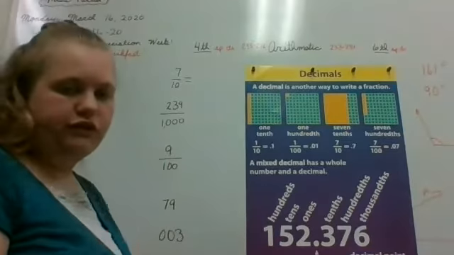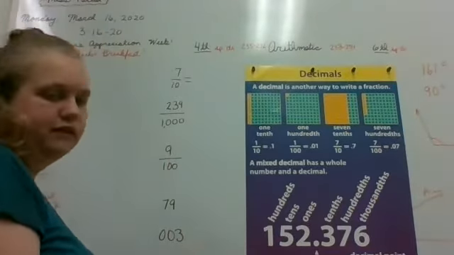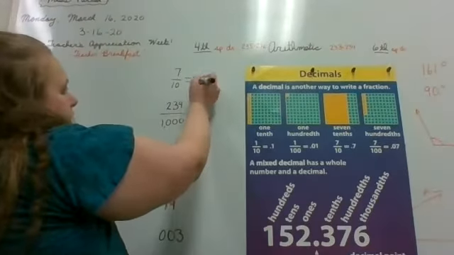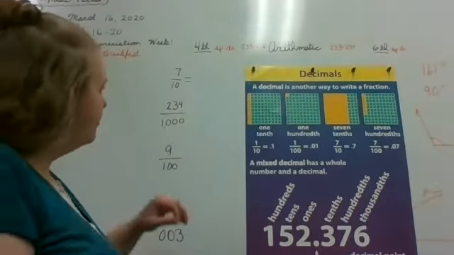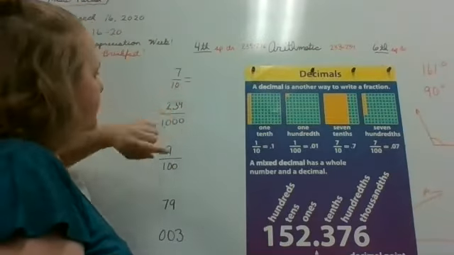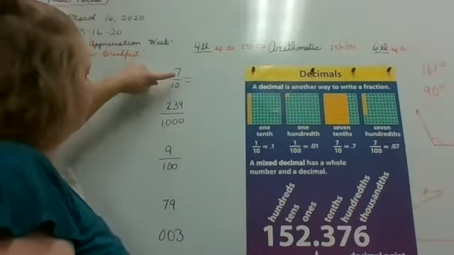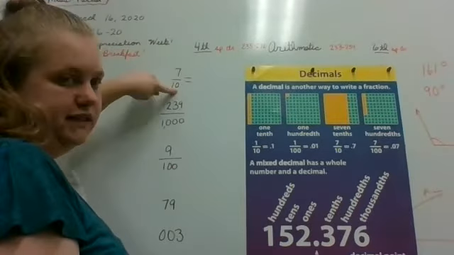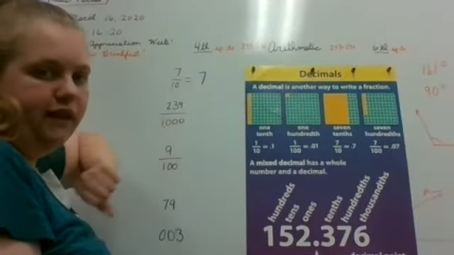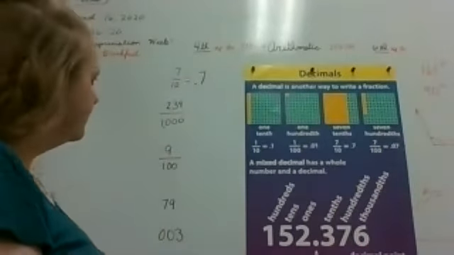Of course, you're at home listening to this or watching this, so when you say the answer, we would put our decimal point, and remember that we have a 10, which means that if we have one number and 10, we put the one number after the 0, and 0.7 would be our answer. Okay, I'll make that decimal a little clearer.